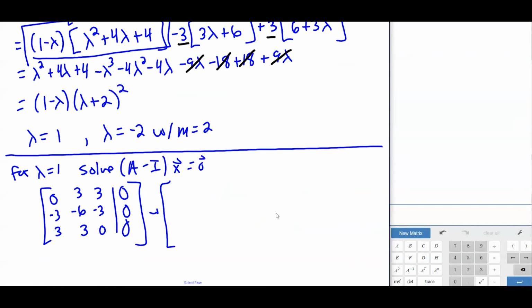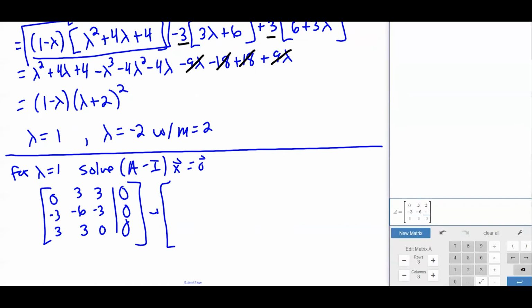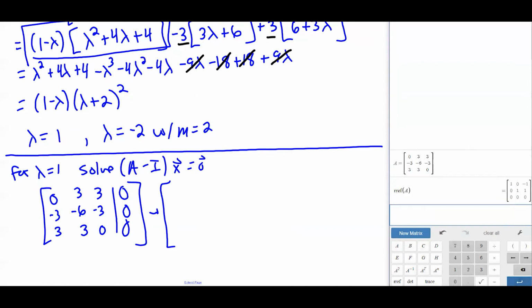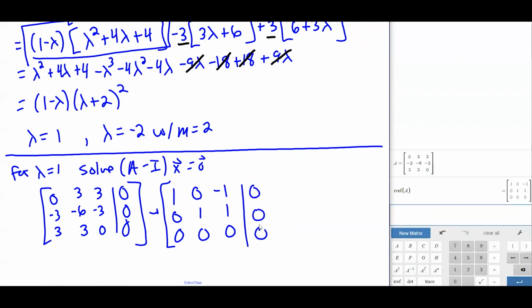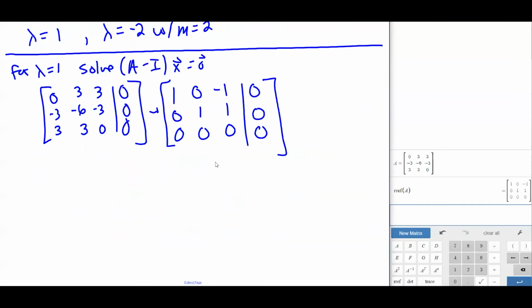I'm going to use a calculator. So I get 1, 0, 0, 0, 1, 0, -1, 1, 0, and then a column of zeros.